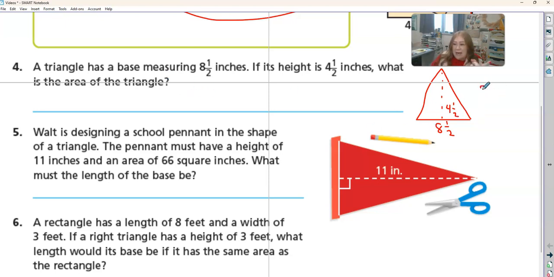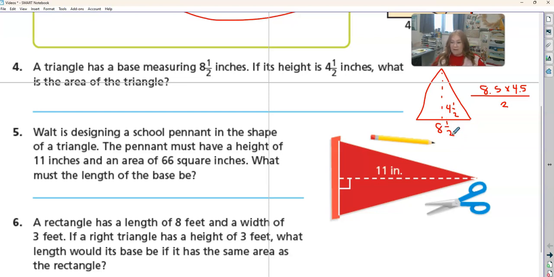I could change this to decimals if I want, and do 8.5 times 4.5 and divide it by 2. But since it gave it as a fraction, unless it's a whole number, we need to give it back as a fraction. So I'm going to just solve it with my fractions.